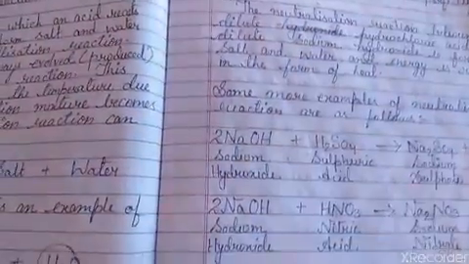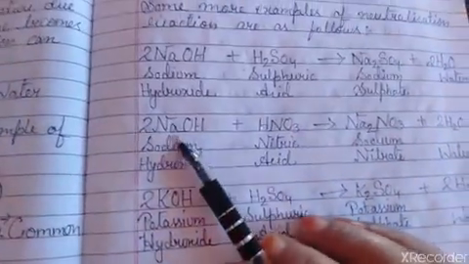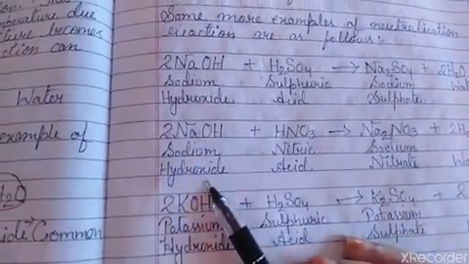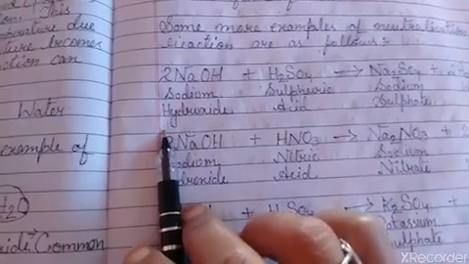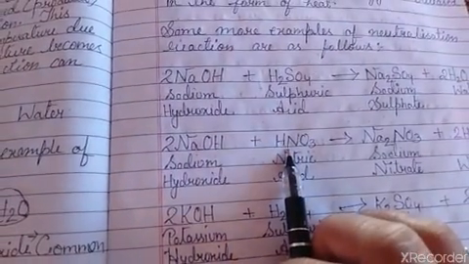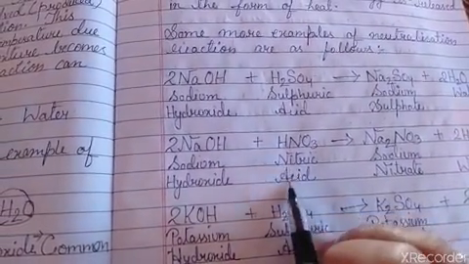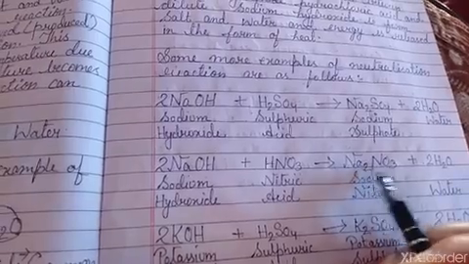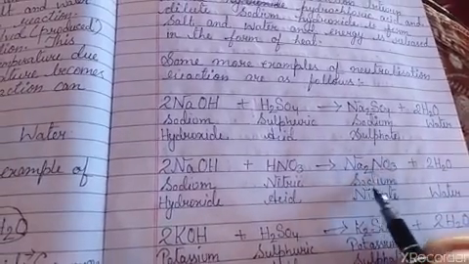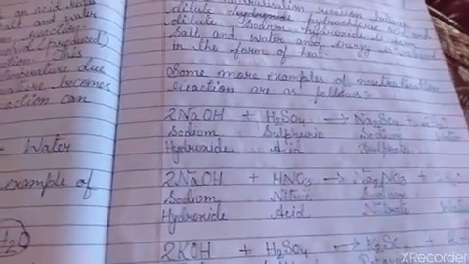Then next comes 2NaOH, 2 molecules of sodium hydroxide, reacting with 1 molecule of HNO3, that is nitric acid, then we get NaNO3, that is sodium nitrate, and water.